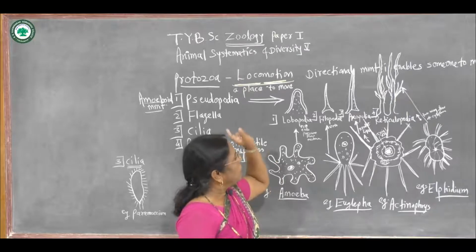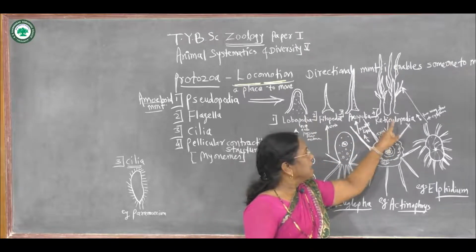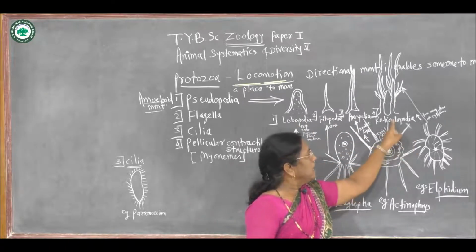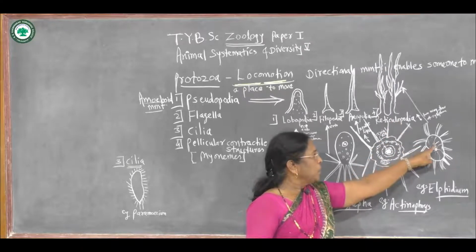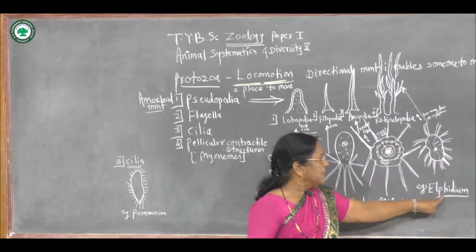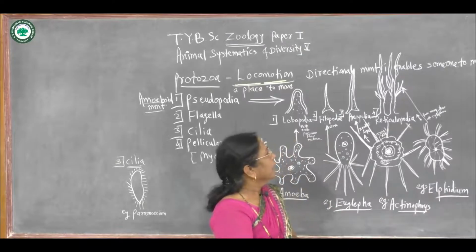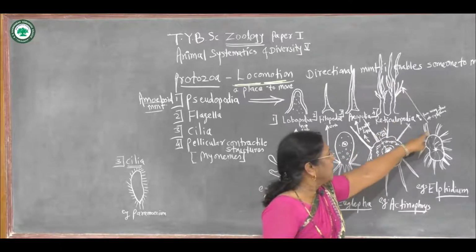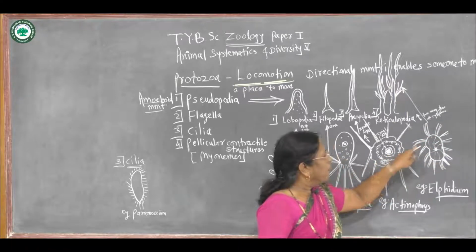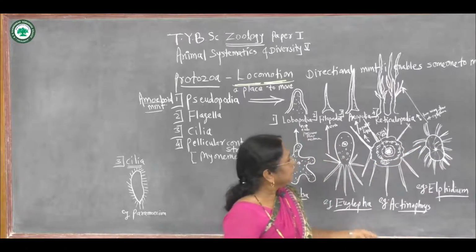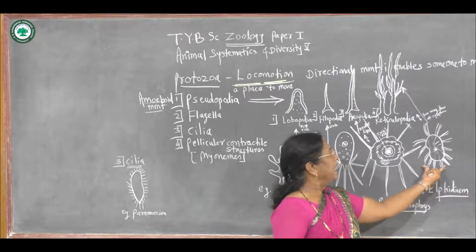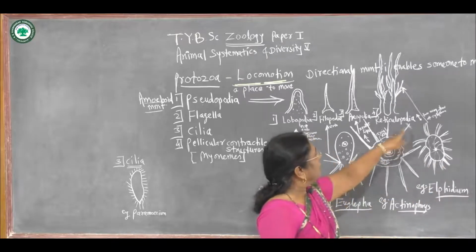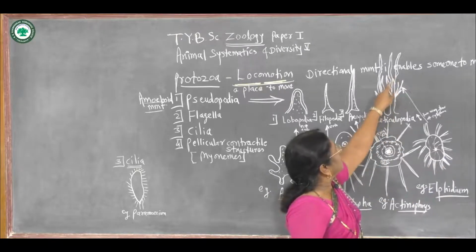Then the fourth type of pseudopodia is called reticulopodia. This type of pseudopodia is found in, for example, Elphidium. These reticulopodia have branching structures, or they form a network-like structure.